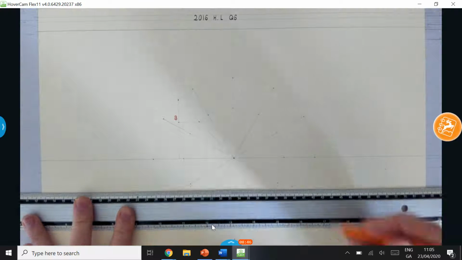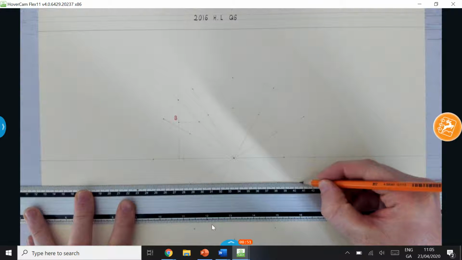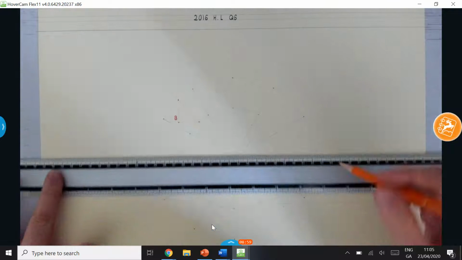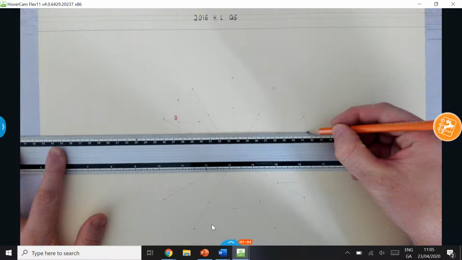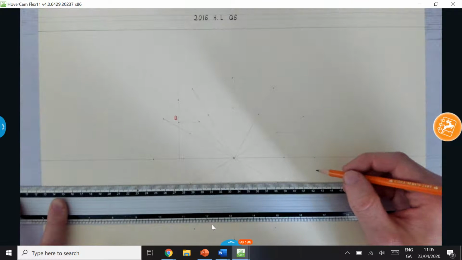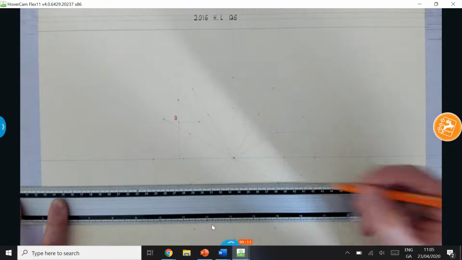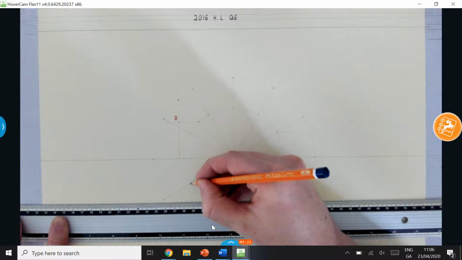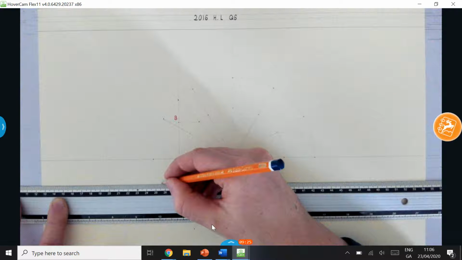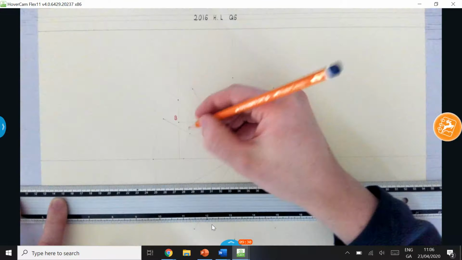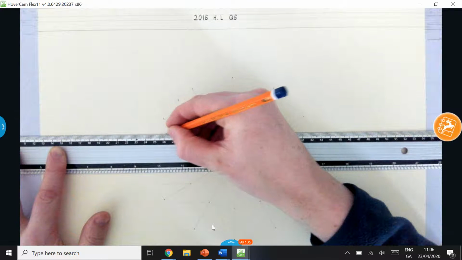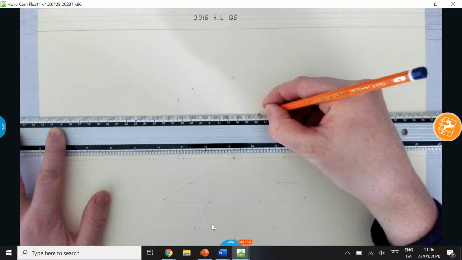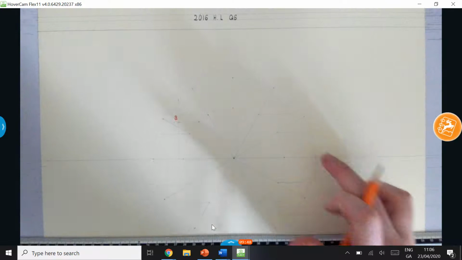So where it cuts the minor circle, we have a horizontal line. And where it cuts the major on the outside, we have a vertical line down.